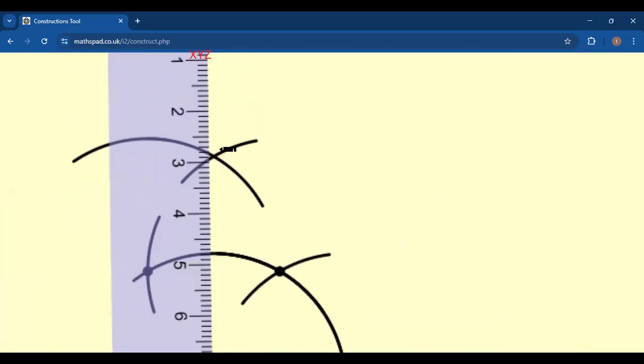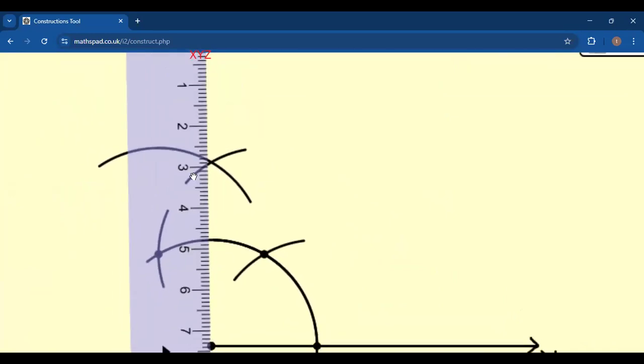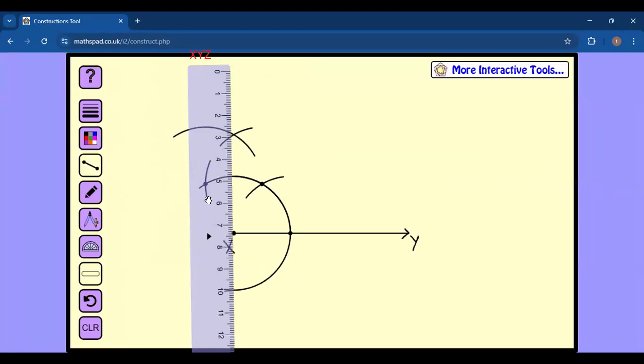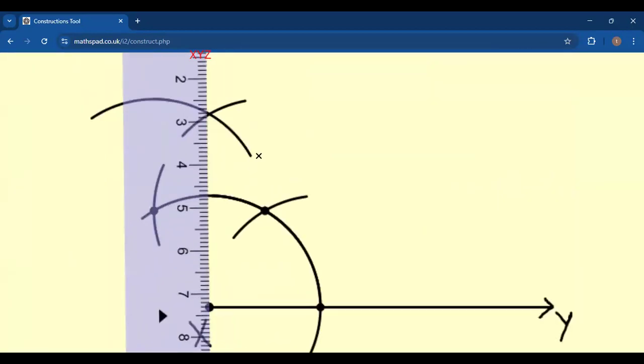Okay, so let's see, zoom in. Let's go ahead and make sure our line is good. Let's tilt a bit. Let me see.